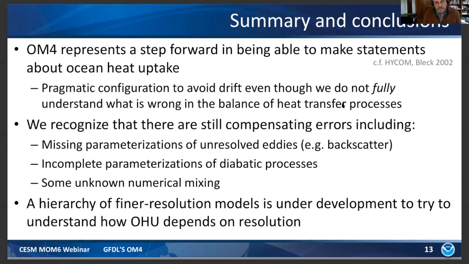But nevertheless, it's something that we think is going to be very useful in our context of climate studies. We are also planning a hierarchy of finer resolution models to continue to investigate the role of eddies and try and improve and understand how ocean heat uptake is controlled by the ocean. Okay, that's it.